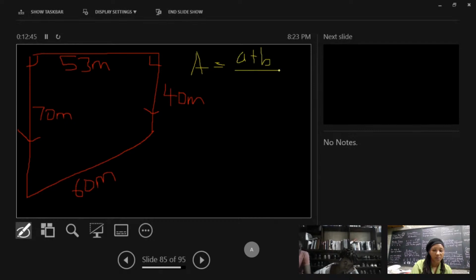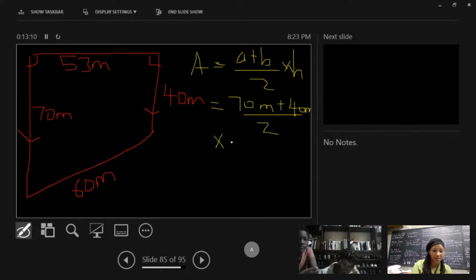Okay, so a plus b over 2 times the height. All right. And that is, miss, 70 meters plus 40 meters, over 2, times the height. Yes, times what's the height? Miss, 53 meters.